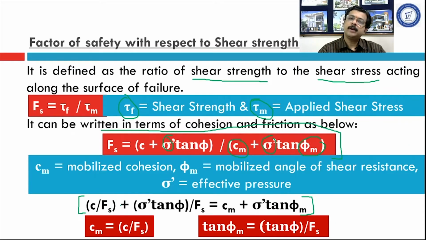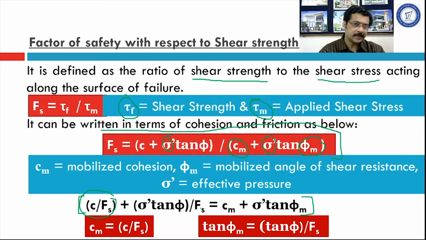Now compare the left hand side and right hand side term by term. The first term is C upon Fs, that is cohesion upon factor of safety, plus sigma dash tan phi divided by factor of safety.